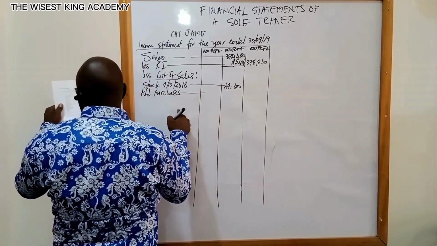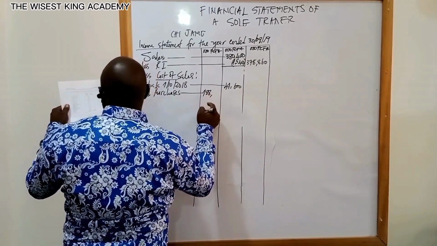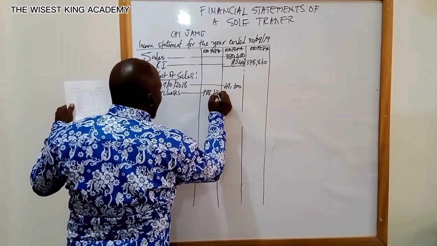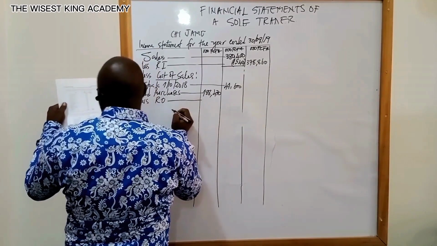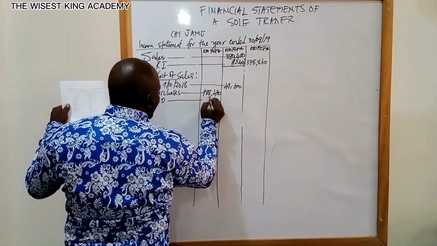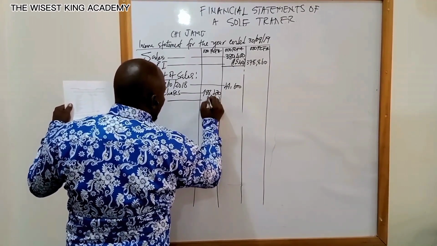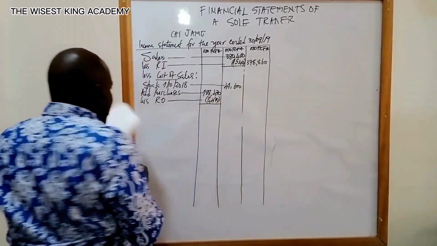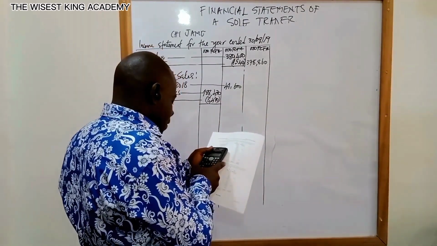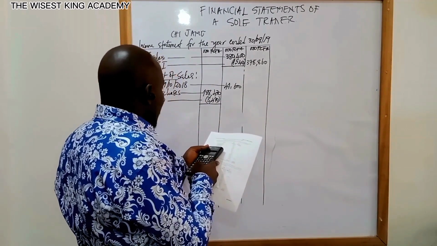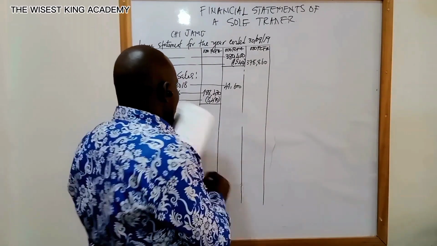So we put our purchases in the first column. Purchases is 188,430. We less returns outwards, which is 3,410. When we subtract, 188,430 minus 3,410 is 185,020.